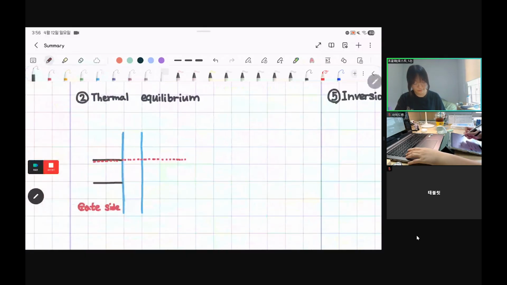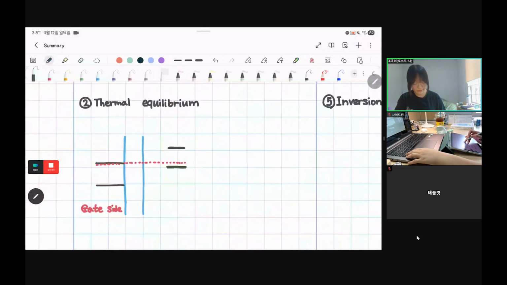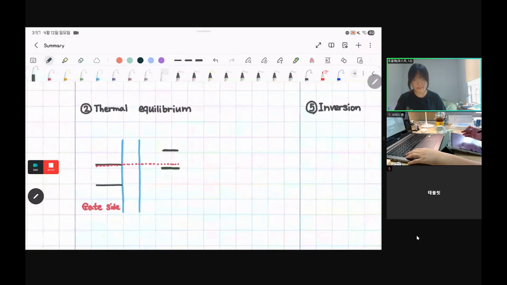So in this case, the valence band and conduction band go up. But the electron affinity and ionization energy offset is also the same level, whether it is thermal equilibrium or not.